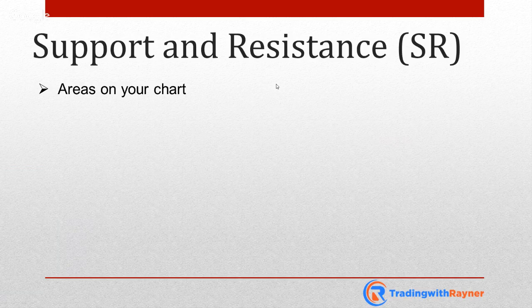The key thing why they are areas on your chart is because sometimes traders may look to enter a market earlier. For example, those who want to buy before the price reaches support will look to get long. And sometimes there's another group of traders who will look to get long only after price has breached, or rather traded below, support. So when you have these two groups of traders coming together, support becomes an area: traders who are looking to get in early and traders who are looking to get in later.